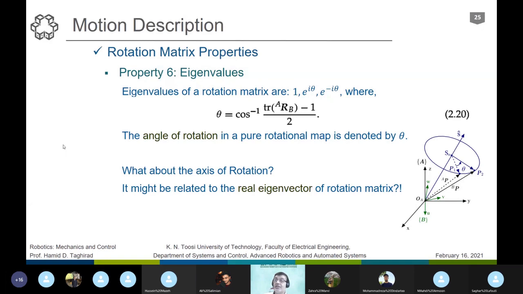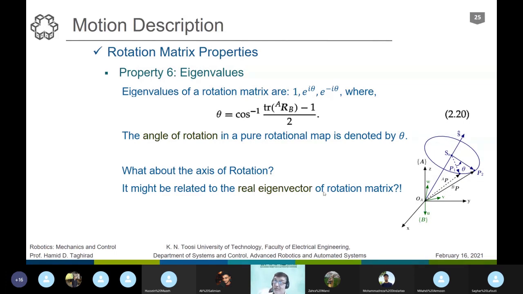Since it has 3 eigenvalues, one of them real and 2 of them complex, it has 3 eigenvectors. One of them real, 2 of them complex. The complex ones have a very beautiful meaning I don't want to describe here, but there is one real eigenvector, we call it S. The real eigenvector gives you the axis of rotation.